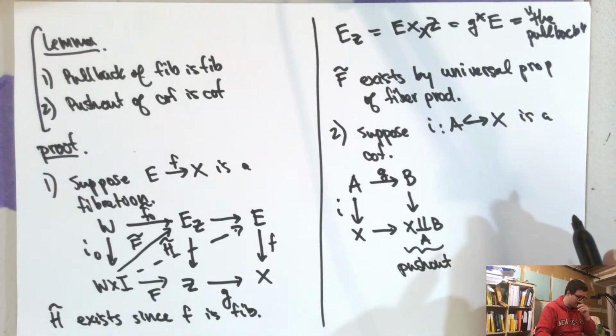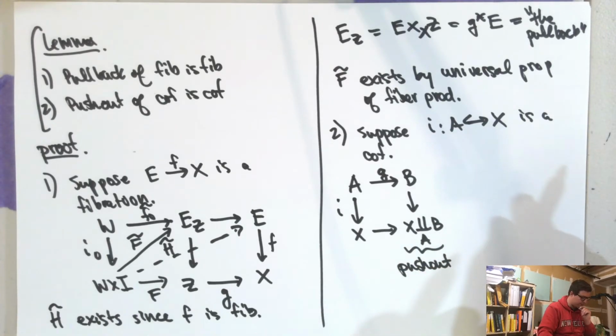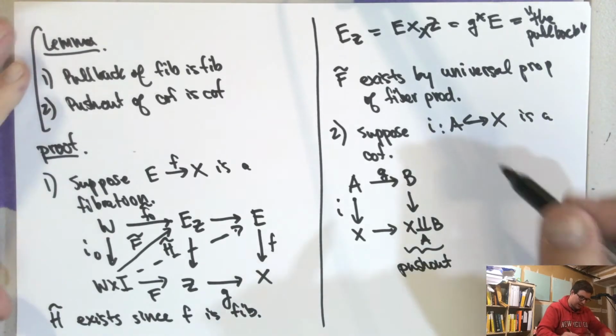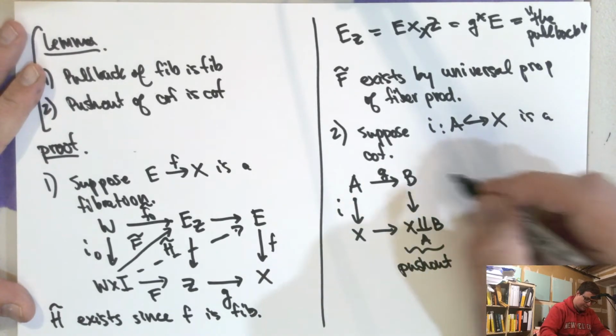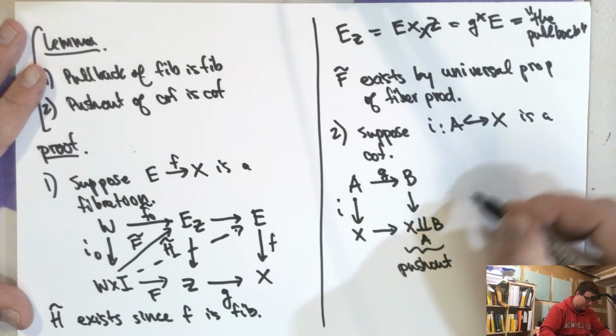Then we want the homotopy extension property. So this is our pushout, and then the next part will be given, and we need to show that there's a lift.